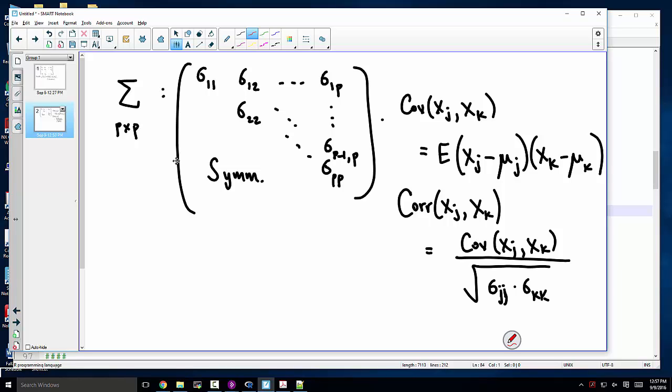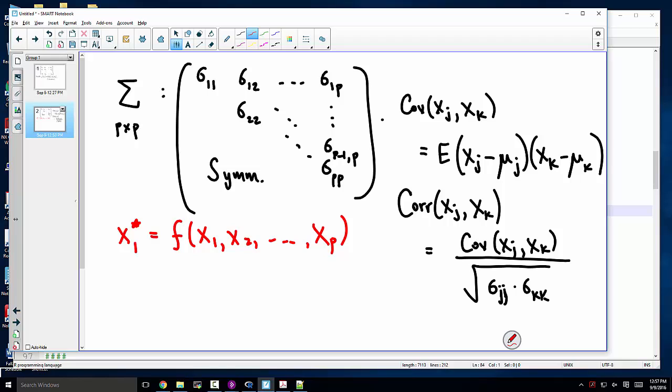We could say x1 star, the new one, is just some function of the original ones, x2 through xp. And we could try any number of functional forms. Could be a quadratic, could be a linear, could be a step function.